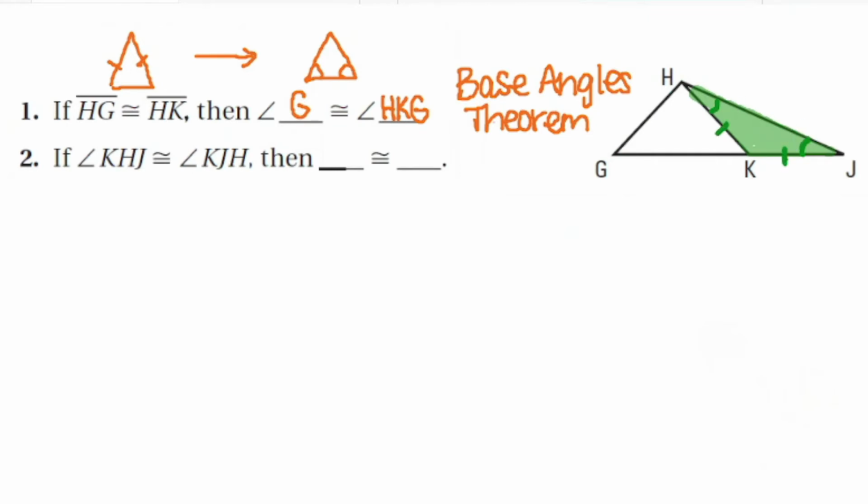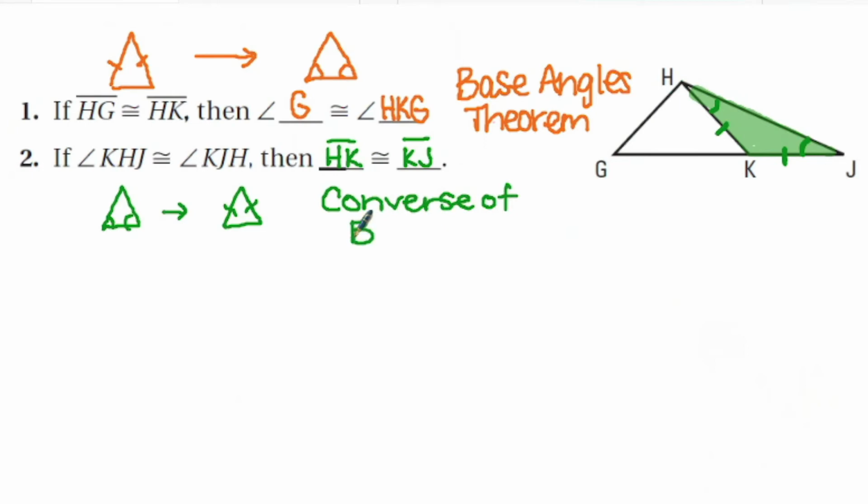This one and this one, because this would be the base of that triangle, sort of turned upside down. So I can say that HK is congruent to KJ. And that time I started with those congruent angles and I concluded that I had myself an isosceles triangle, so that was the converse.